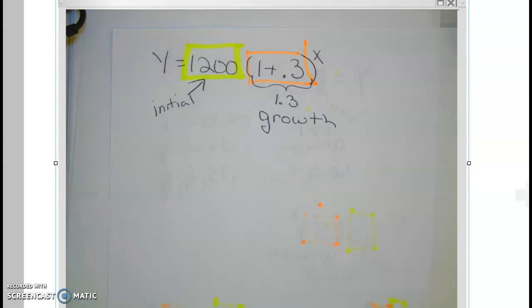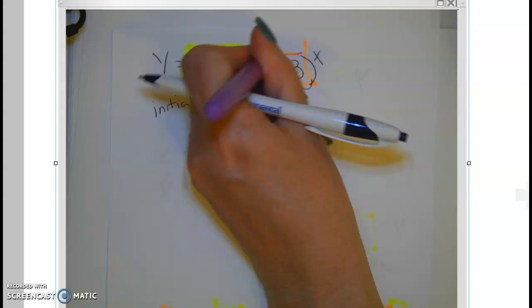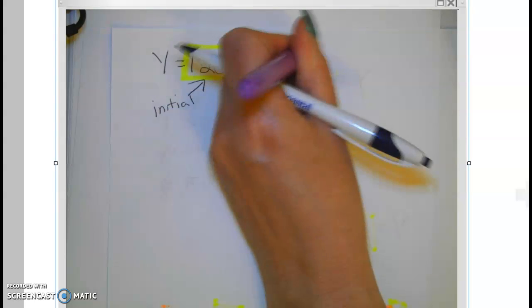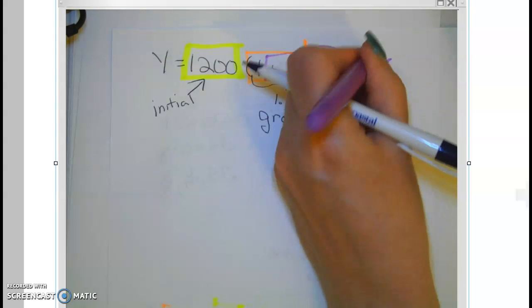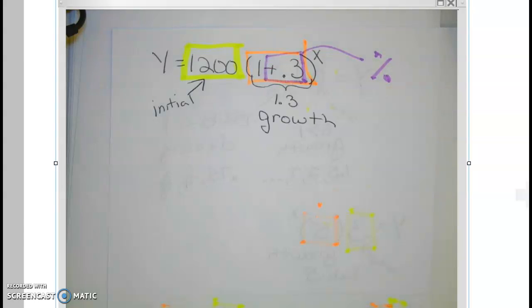But now I'm going to ask you another question about this. If this is growth, what is the percent of growth? Well, what's nice about this is they actually tell it to you, but you might not actually see it. Whatever this is here gives me my percent.